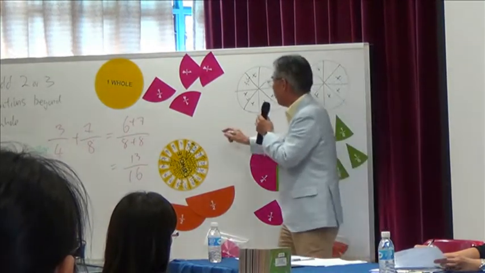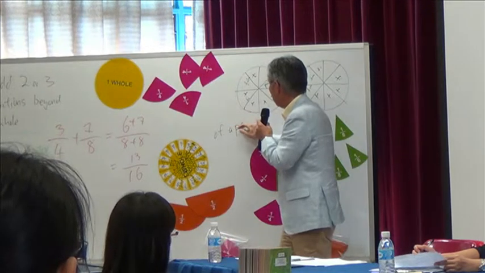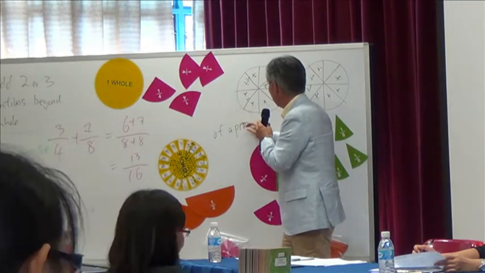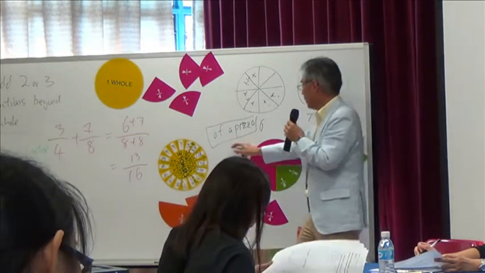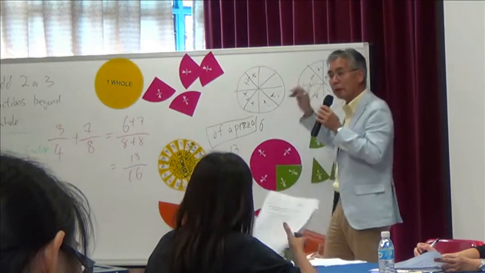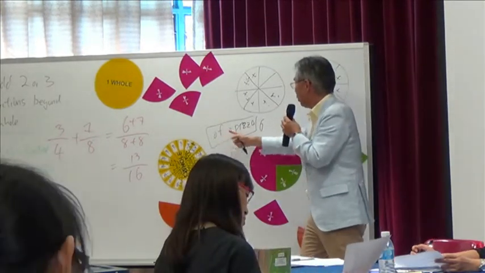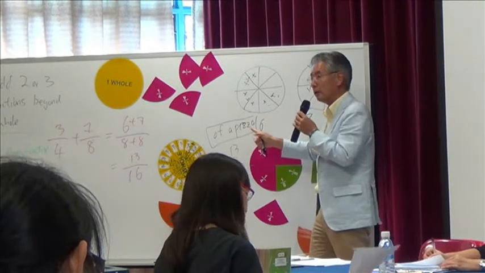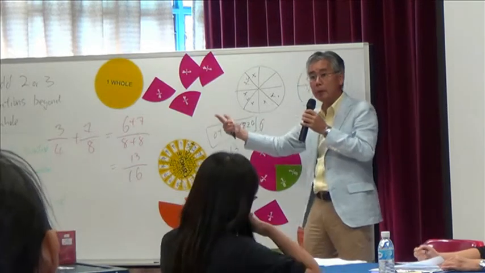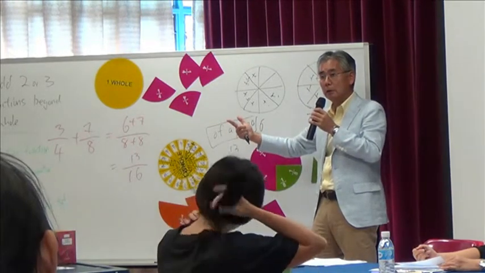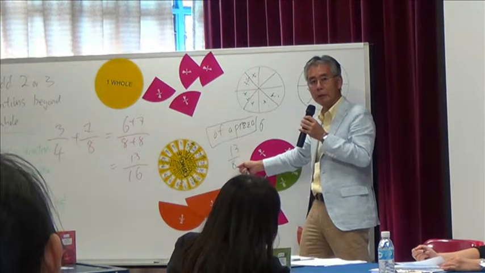But if you say what fraction of a pizza, in this case maybe 13/8. The tricky part is, if you say what fraction of a pizza, this is not a pizza, right? It's already beyond a pizza. That confuses students.